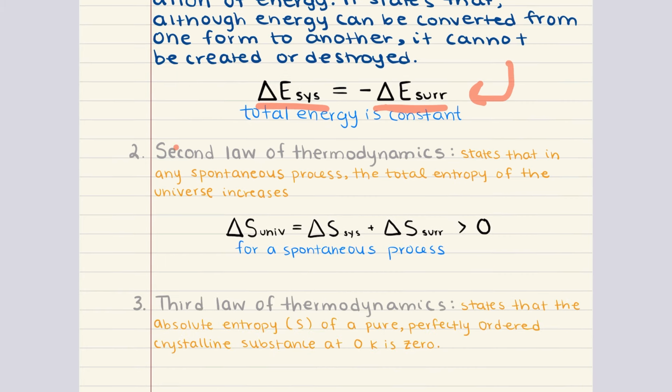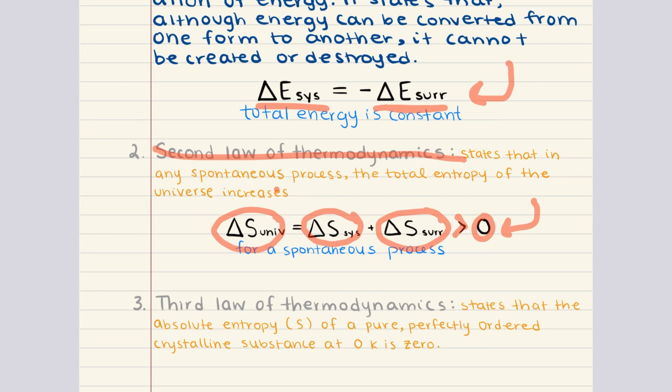The second law of thermodynamics builds on this concept by introducing entropy. It states that in any spontaneous process, the total entropy of the universe always increases. And this is represented in the following way. Delta S of the universe is equal to delta S of the system plus delta S of the surroundings, and this is always greater than 0.